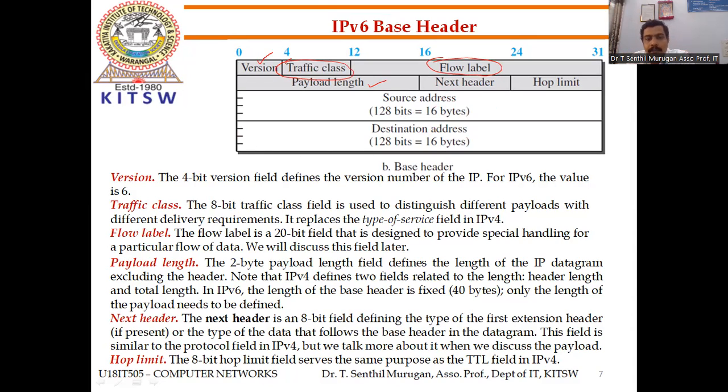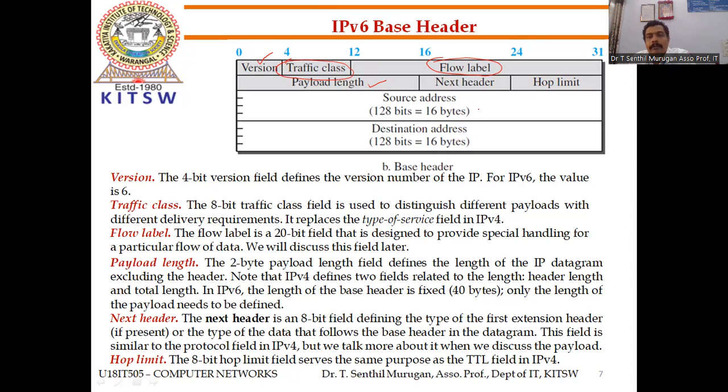And Next Header is an 8-bit field. It defines the type of the first extension header, or the type of the data that follows the base header in the datagram. And Hop Limit. Hop means node limit, that is, how many intermediate nodes there are, and that will be fixed here. If it is within this many hops, then only the packet will be transmitted through that route.